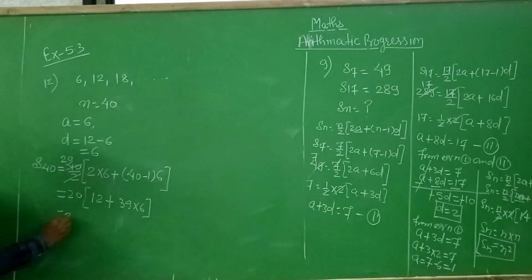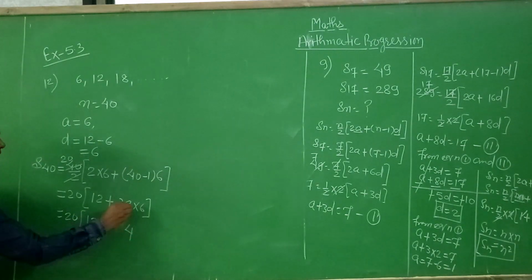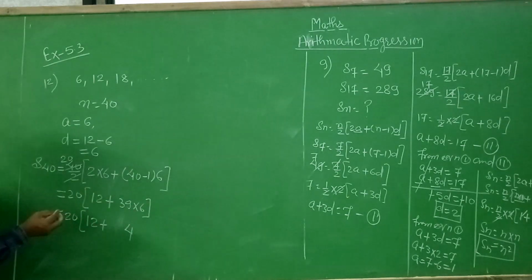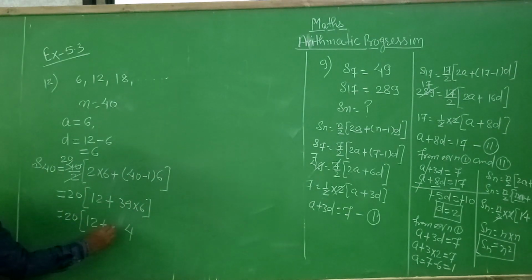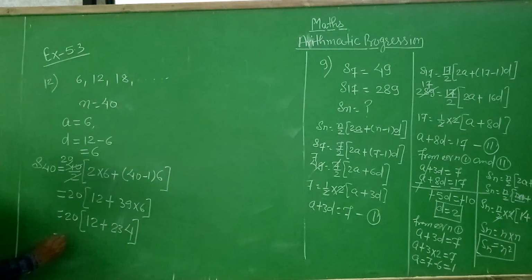Then 20 bracket 12 plus 6 nines are 54, 5 carry, 6 threes are 18, 18 plus 5 is 23, so 234. Adding 12 gives 246.